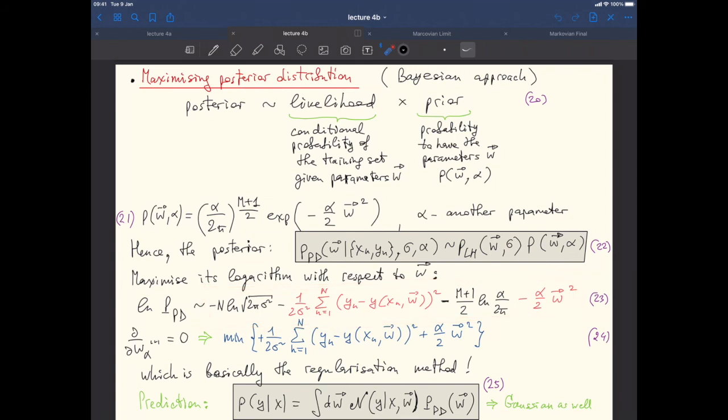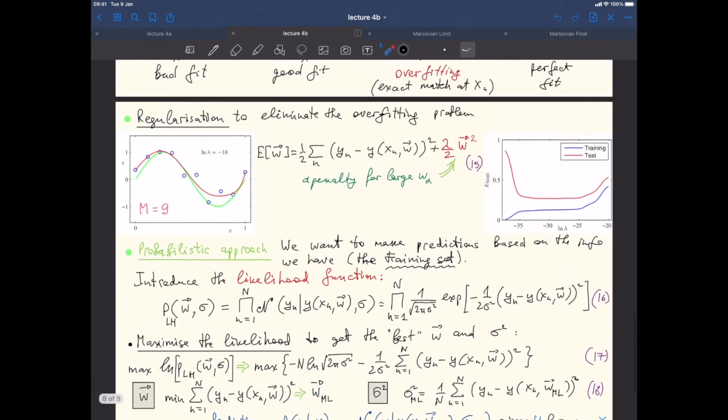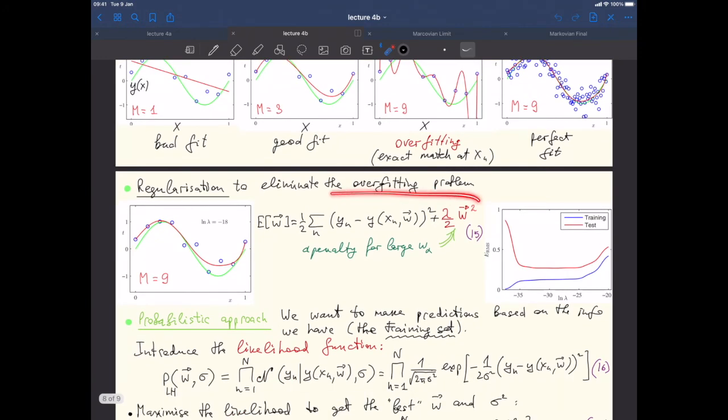And you can see here in red, this is what we had before in our regularization method, but we have here also some additional terms. So if we now maximize this expression with respect to the choice of our parameters, W and alpha, for W parameters, we will have to minimize that expression. It is exactly as I said in the regularization method, because in the regularization method, exactly this is what we have used.